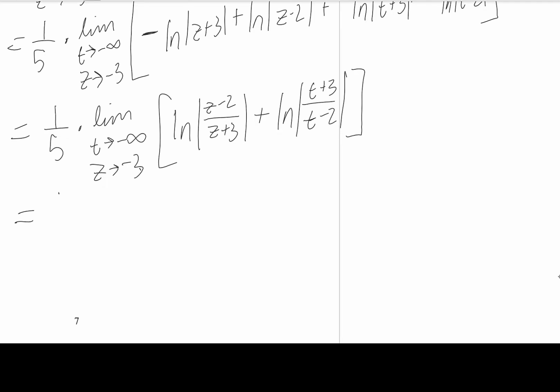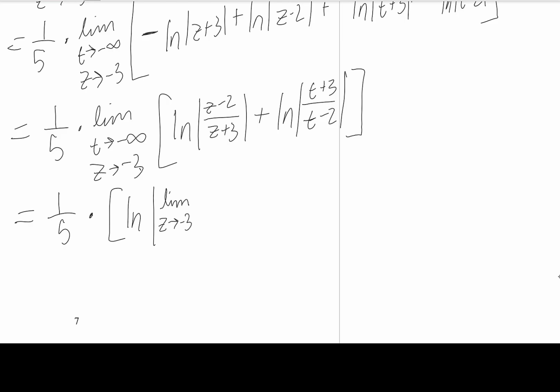Okay, so this becomes 1/5 times, now remember we can move our infinite limit inside our natural log. And we can even move our limit as z goes to negative 3 inside our natural log. So this is going to be ln absolute value limit as z goes to negative 3.